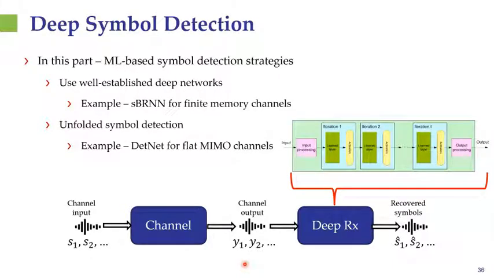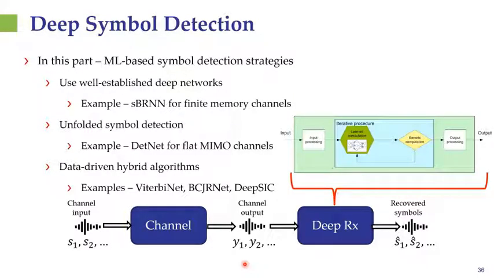Then we will discuss how unfolding can facilitate symbol detection using deep networks. And as an example, we will show DetNet, which was proposed as an unfolding-based symbol detector for MIMO channels. Then we will go into data-driven hybrid algorithms advocated earlier, showing several concrete examples: the implementation of the Viterbi algorithm in a data-driven fashion, the implementation of the BCJR algorithm, and DeepSIC, which implements soft interference cancellation for MIMO detection.